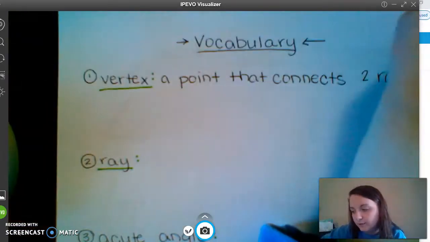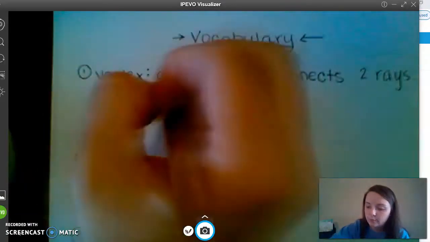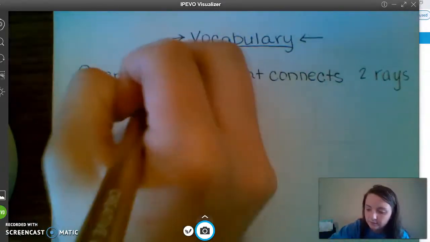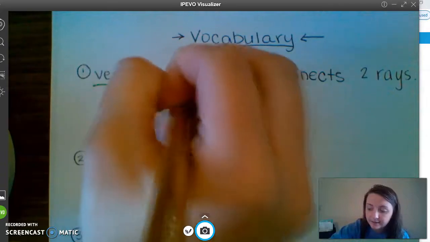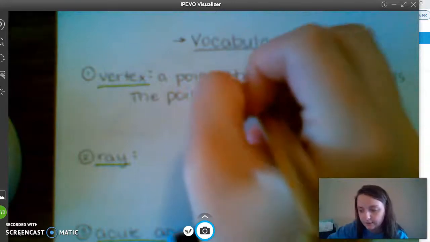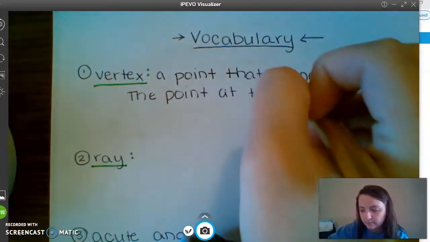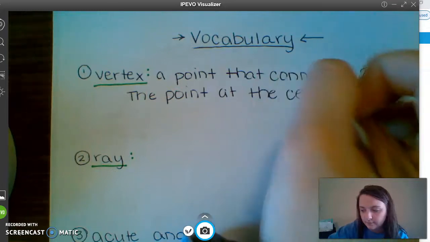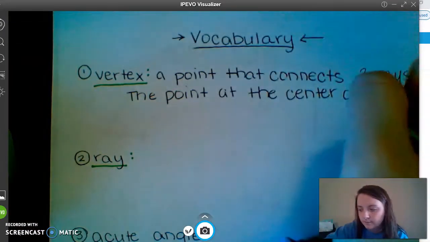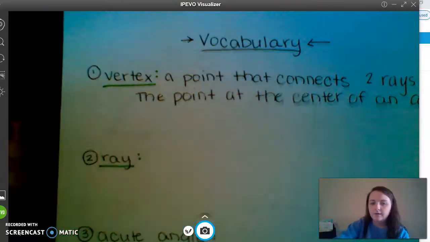Well, we've not talked about what a ray is yet, okay? So it's the point at the center of an angle. And we're going to definitely look at a picture. So the point at the center of an angle.